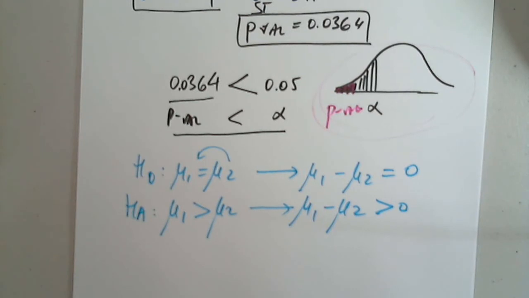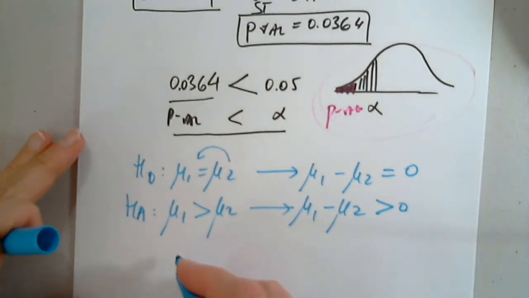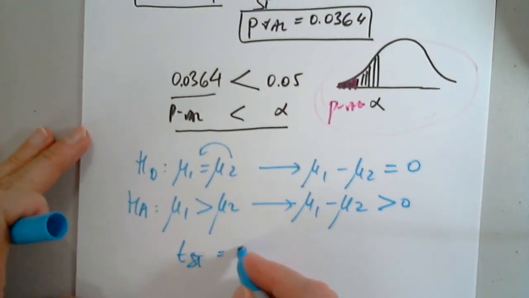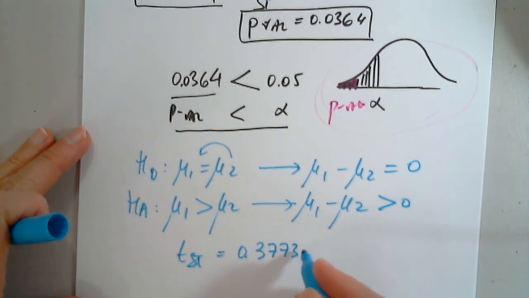And we want hypothesis testing. And yes, that's correct. Output show critical value. I want to see the critical value. I want the significance value to be at this and store in a data table. I don't need that. Okay. So the t statistic is 0.377348.